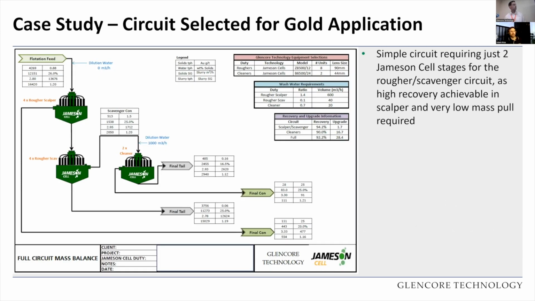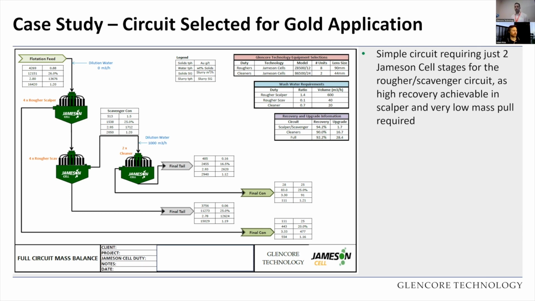So what we ended up finding when it came to the circuit design was that it required a simple 2-stage rougher scavenger circuit. As from the results that we found in the lab, we were able to pull very high recovery in a scalper cell. Anywhere, as I said, up towards that 80% mark was achievable at the final concentrate grade.